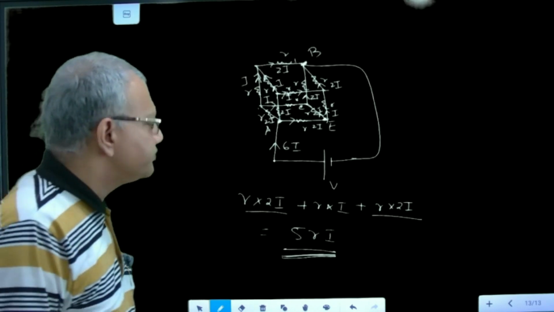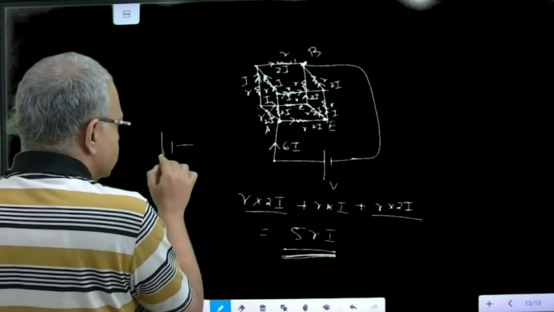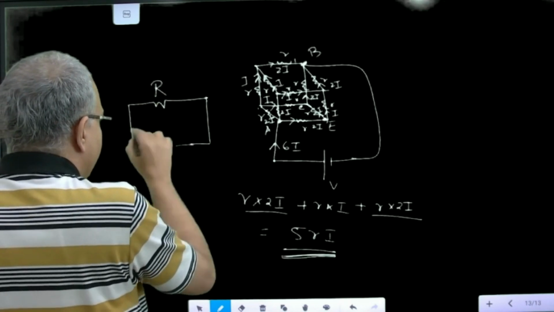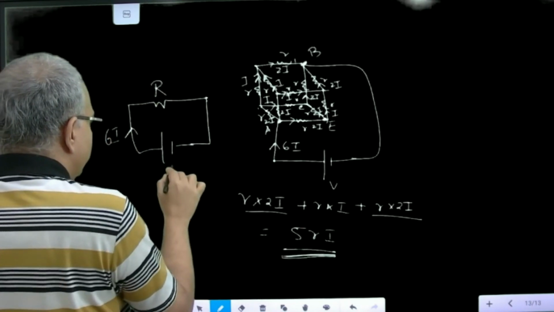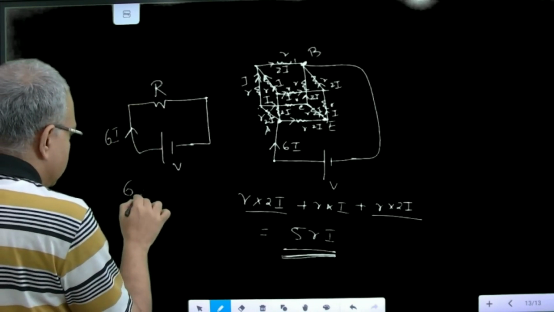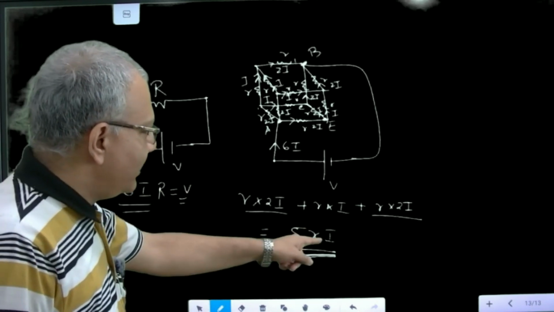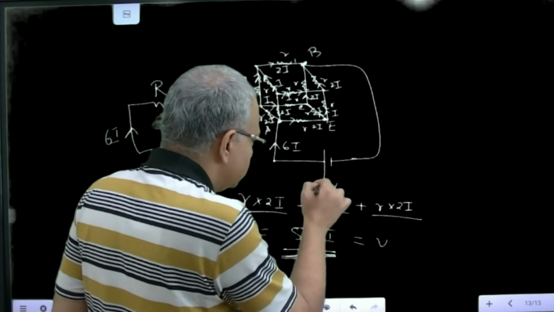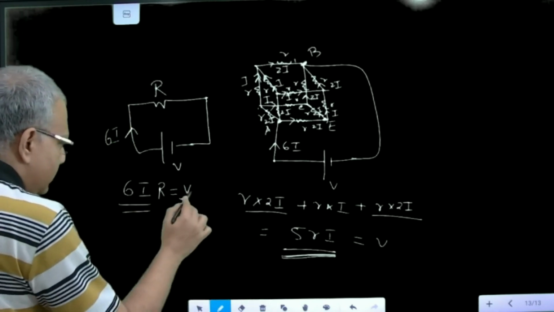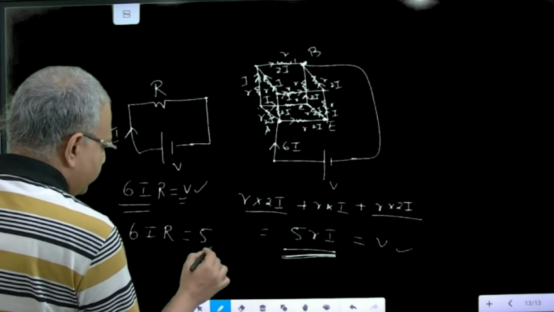Okay. So now, if I'm going to see that, I am going to have an equivalent resistance, that is R, and the net current is I, voltage V. So we can easily write it just like this, I R, net voltage V. So this 5RI, that is also voltage V. This is also 6RI, voltage V. So now this and this has to be equal, 6IR equal to IR.